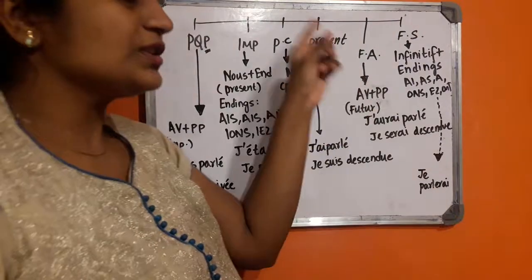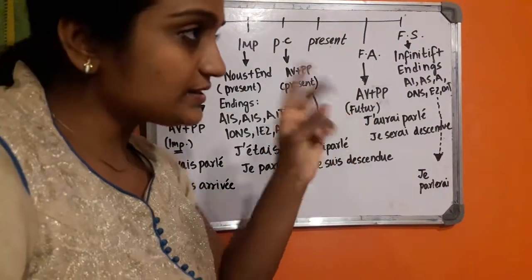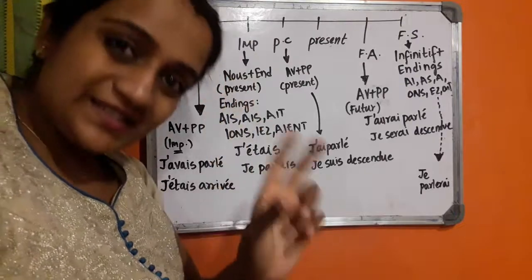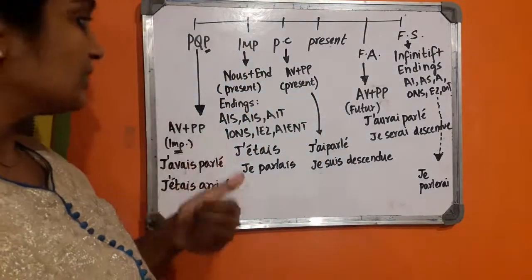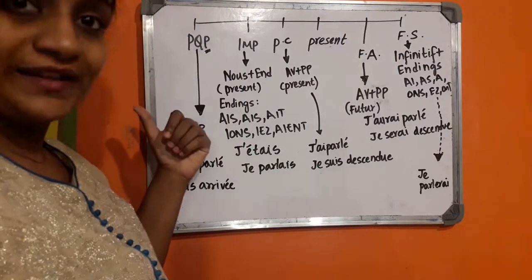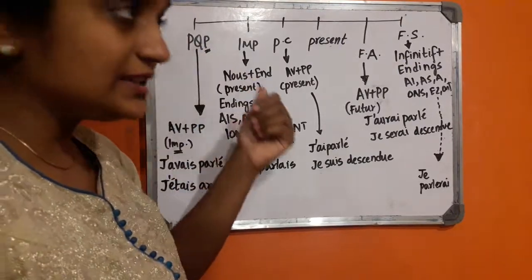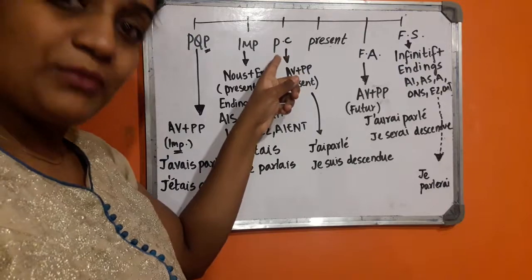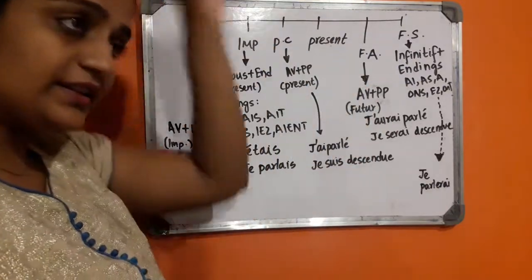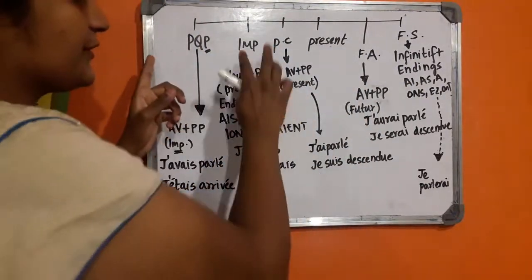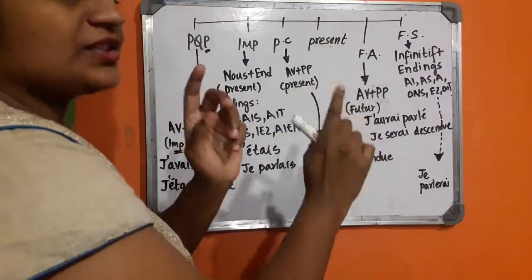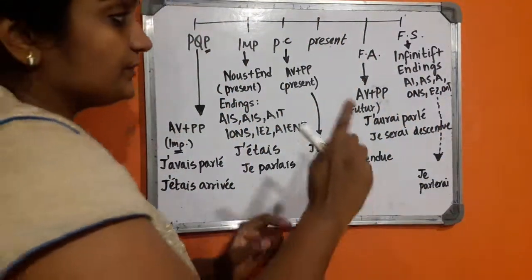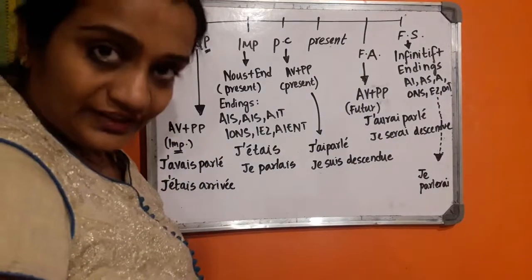So that's when you use futur antérieur, which is quite similar in terms of precedence and usage to plus-que-parfait, right? So I had booked my tickets before I traveled to Bombay. Okay, so if the whole sentence is occurring in the past, we use plus-que-parfait. If the whole sentence is happening in the future, where one action precedes another, then we use futur antérieur, right?